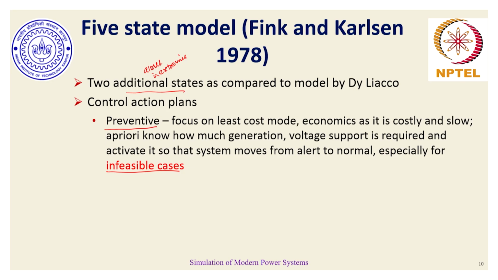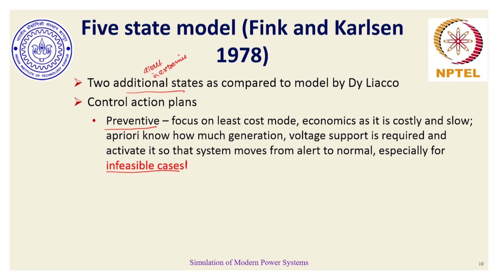Infeasible, from mathematics, essentially means that the constraints, physical and operational, cannot be met. In an optimization framework, that's what infeasibility means. So, suppose a contingency happens which leads to violation of one of the physical or operational constraints, then that contingency is called an infeasible contingency or a detrimental contingency.